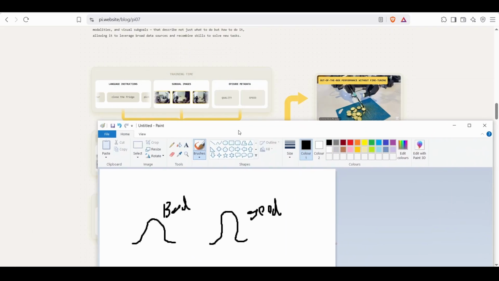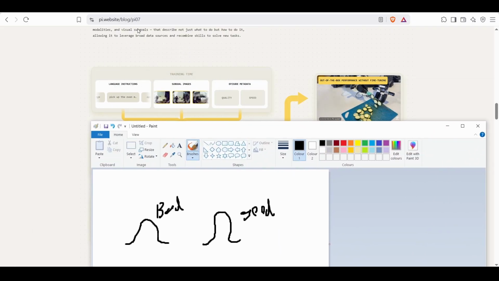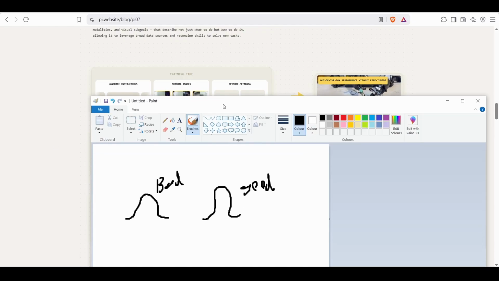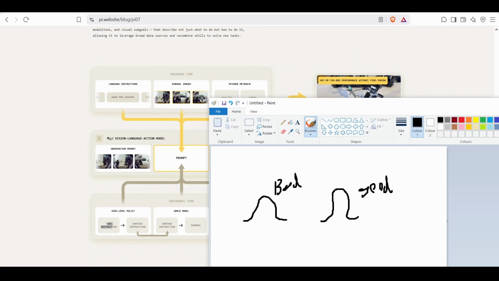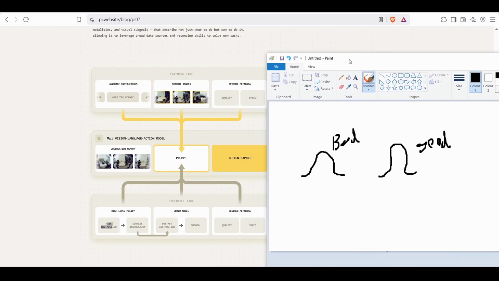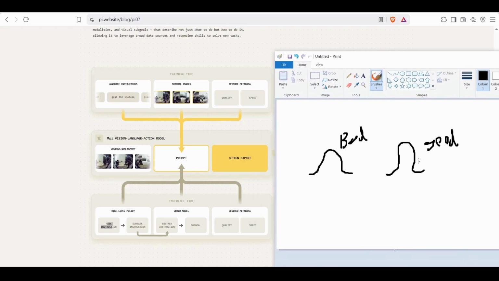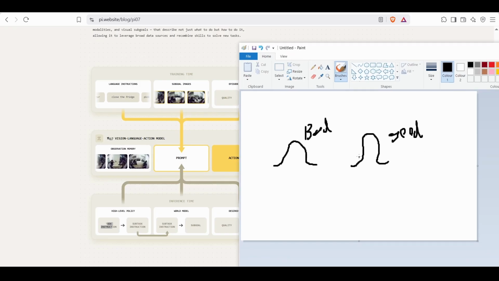If you train on the bad stuff, like sub-goal images for a bad run, language instructions for a bad episode, low quality, low speed, the model is learning a distribution over the frames, languages, sub-goal images, and episode metadata of the bad stuff. And then if you have a good episode in training, the model's learning a distribution over the good frames, the good language instructions, the good sub-goal images, and the good episode metadata.